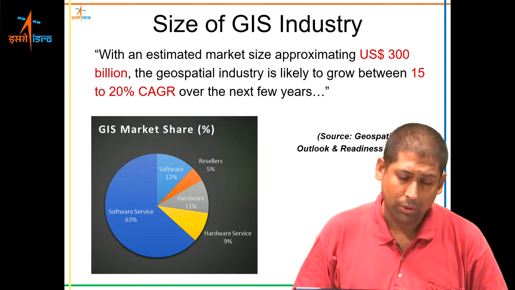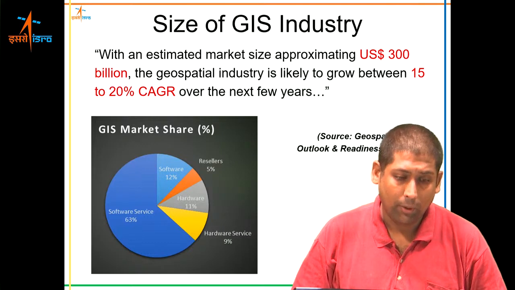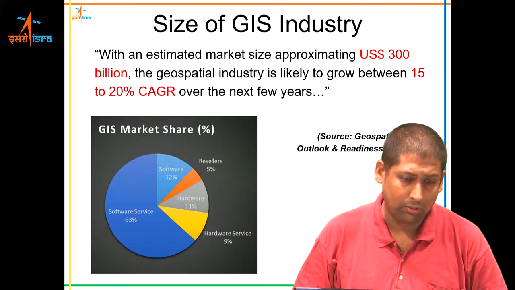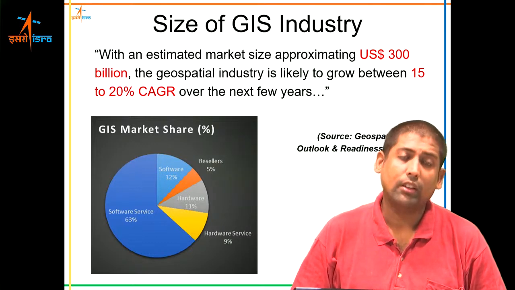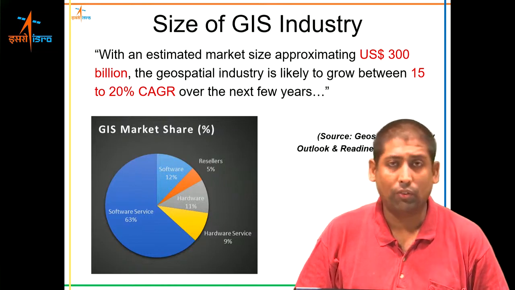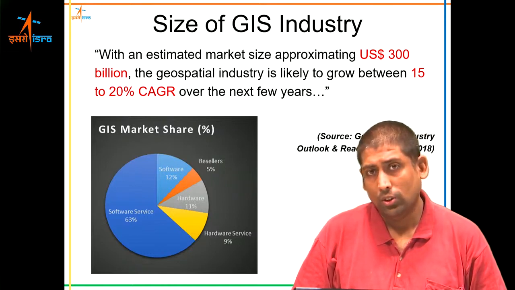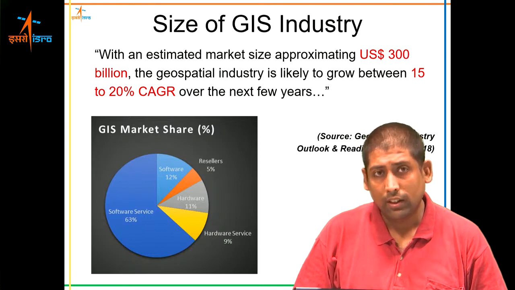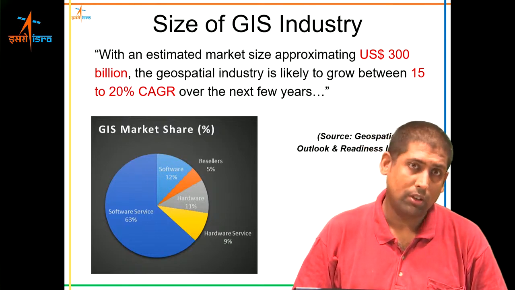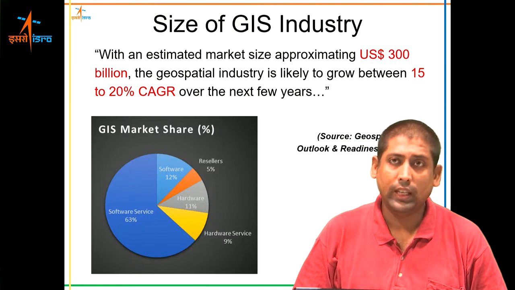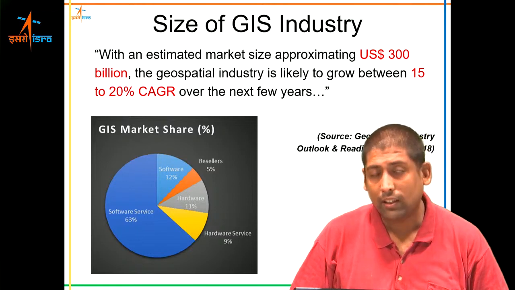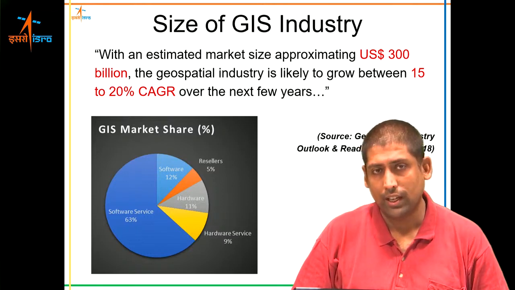And out of this huge chunk of money, about 75% goes into software and software services. So we are talking about nearly 200 plus billion US dollars, which goes into GIS software and providing services for GIS software.